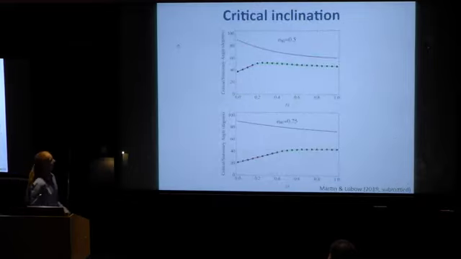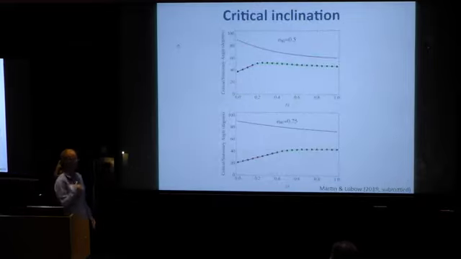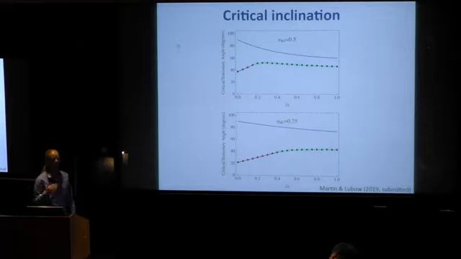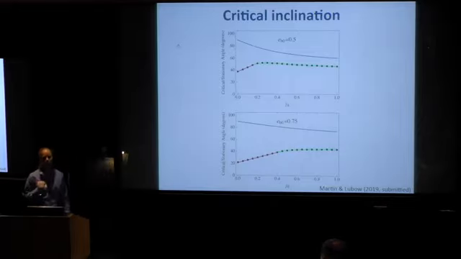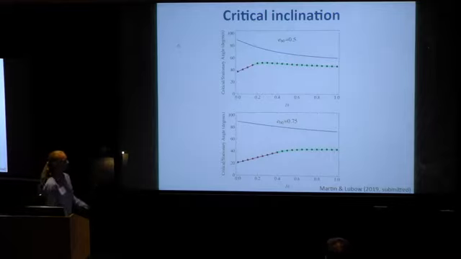And then we can also calculate the critical inclination. This is the inclination above which we would be in a librating state, so we precess about the eccentricity vector, and below which we're in the circulating state, where we precess about the angular momentum vector.